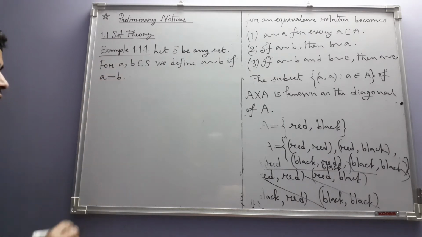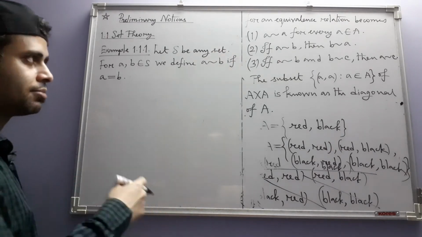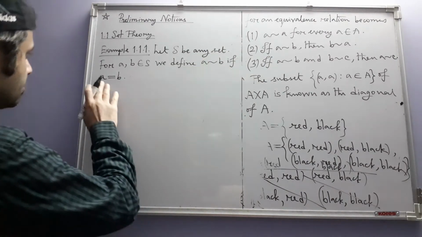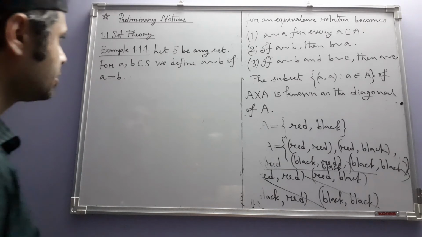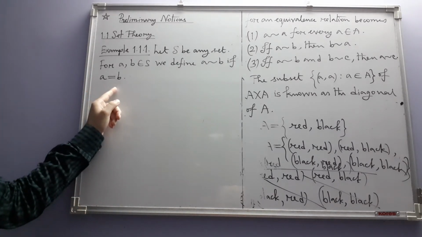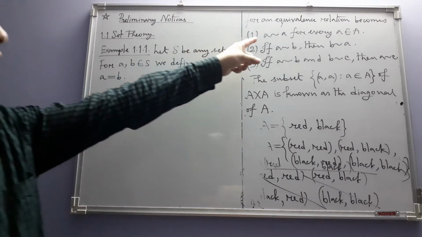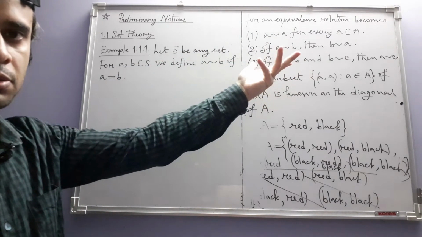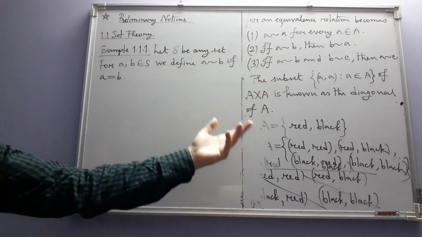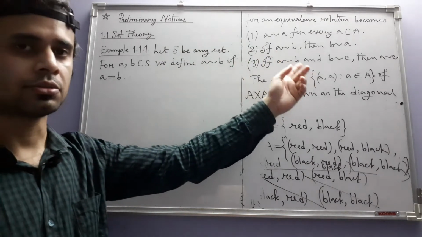Always keep in mind that in a definition, if means if and only if. So sometimes you see if, sometimes you see if and only if. Don't confuse yourself, they are the same thing. Okay, A is equal to B. So here you can see that this is obviously an equivalence relation. What you have to check is that A is equal to A, which is true. If A is equal to B, then B is equal to A, which is also true, and the transitivity is also true.